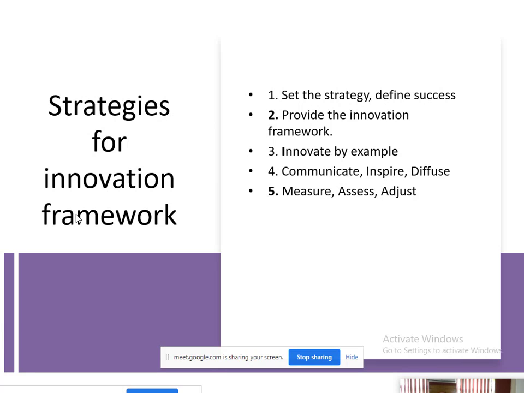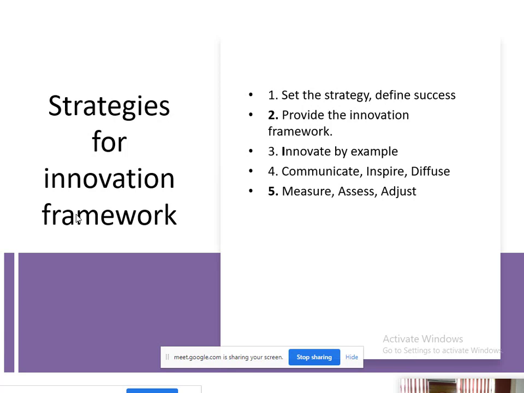So the strategist will set some strategy, and he or she will define the success, whatever the output, he will show these things, then provide the innovation framework. Definitely, whatever the innovation framework, that means what the drawbacks and the positive sides of your company are, that framework will be provided to the team members.